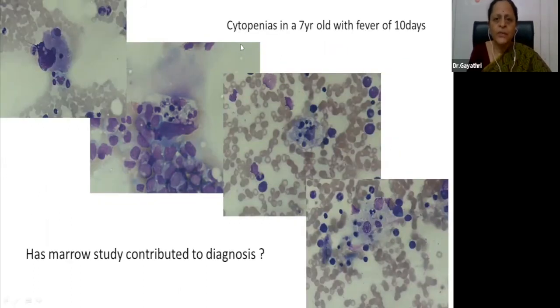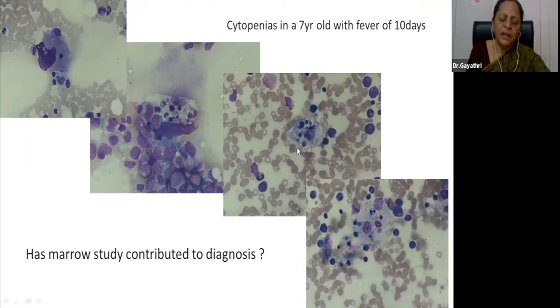Now look at the scenario: cytopenias in a 7-year-old child with fever of 10 days duration, and because of cytopenias and fever, marrow aspiration is done. Here is a picture to show you how emperipoiesis looks in a megakaryocyte. Now you compare these images with this, and you will know that what you're seeing here in these 3 images is very abundant, avid phagocytosis in these macrophages.